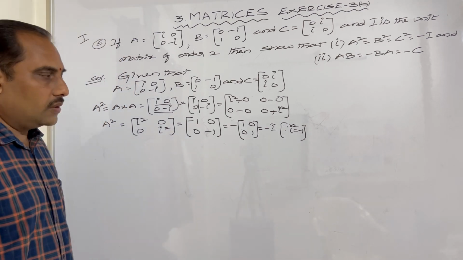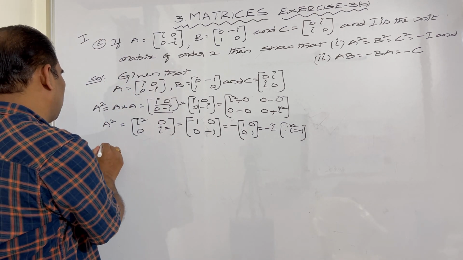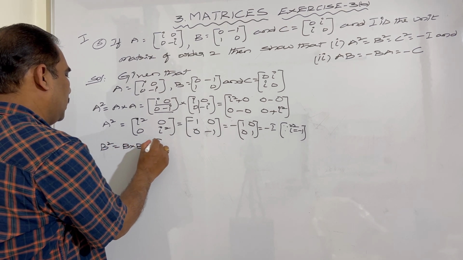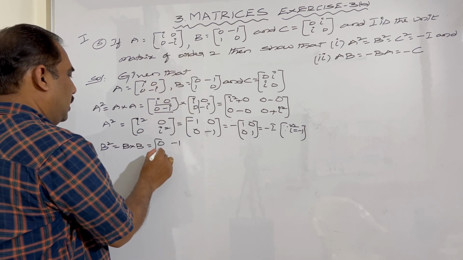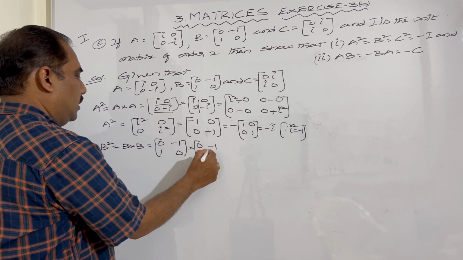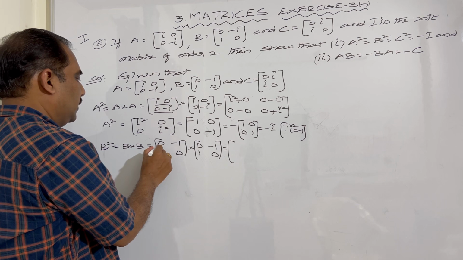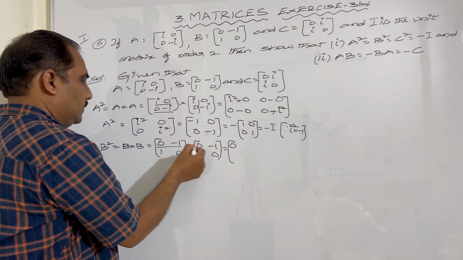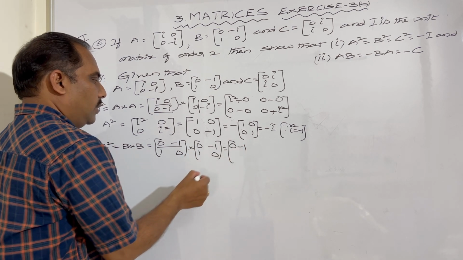So similarly we can find the B square also. See here B square is equal to B into B, which is [[0, minus 1], [1, 0]] into again [[0, minus 1], [1, 0]]. First row, first column, 0 into 0, 0 plus minus 1 into 1, that is plus into minus is minus 1.